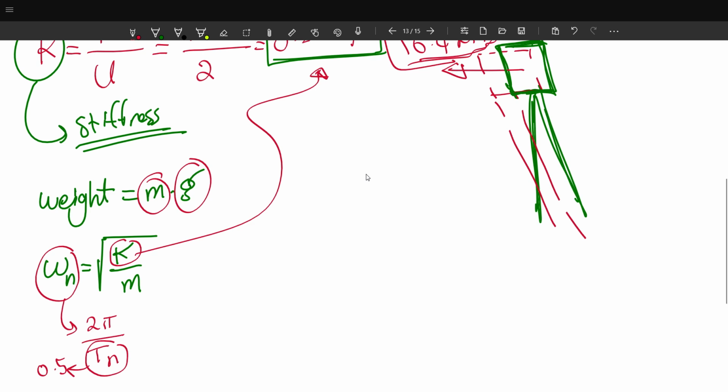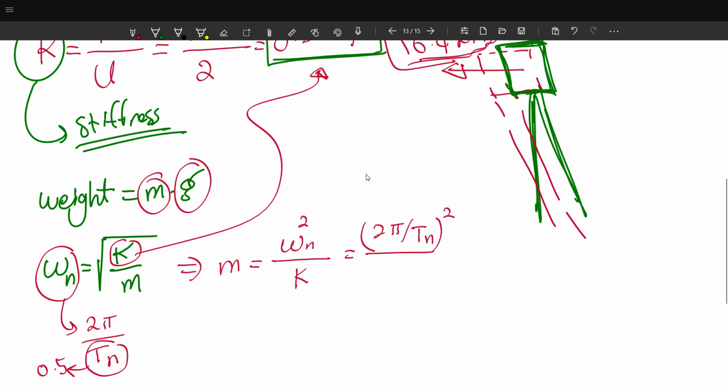So based on this, we can say that our mass is going to equal k over omega squared n. Omega squared n, we know that it equals 2 pi over Tn squared, and k is known for us.